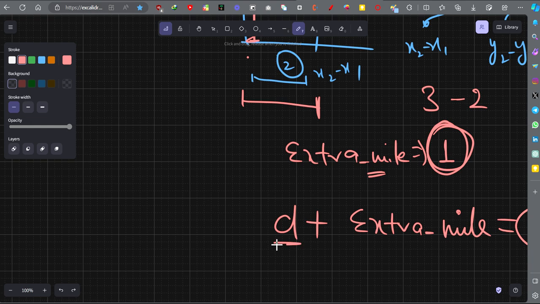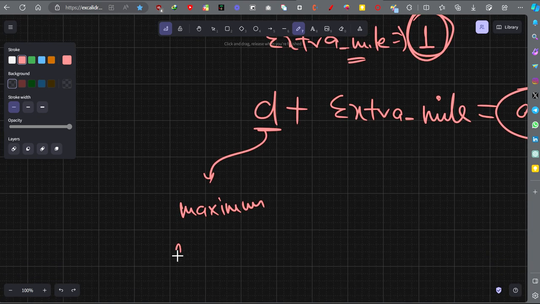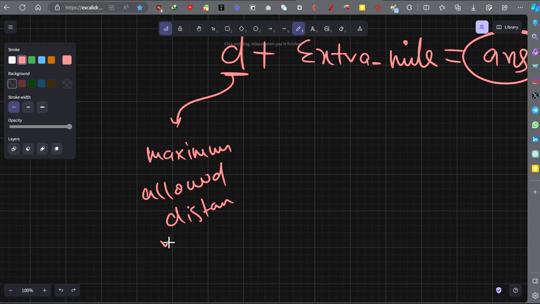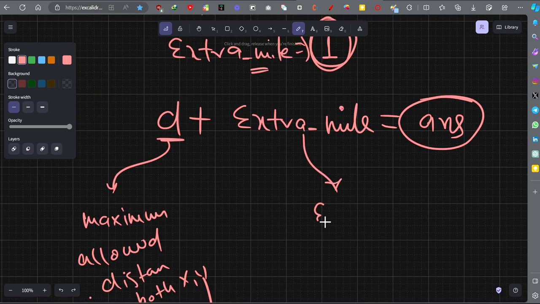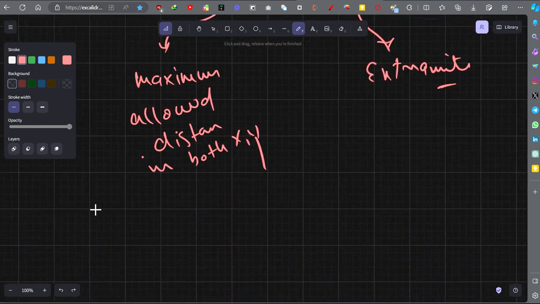So this is the maximum allowed distance in both x and y, and this is the extra mile. How did we calculate both of these two? I'll write the formula again.